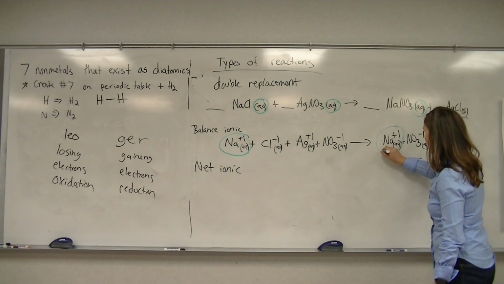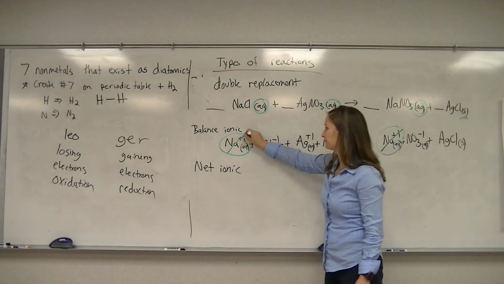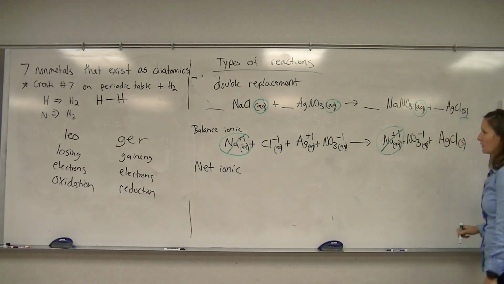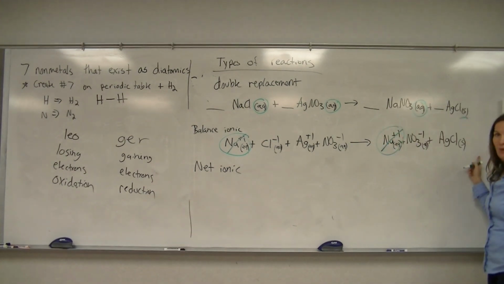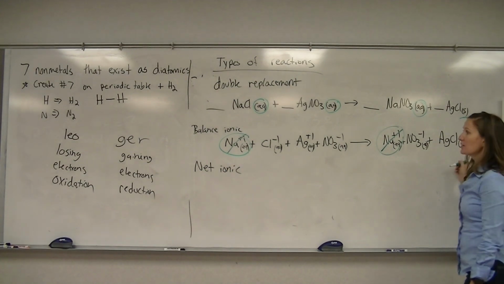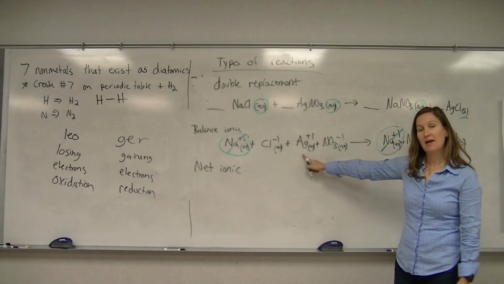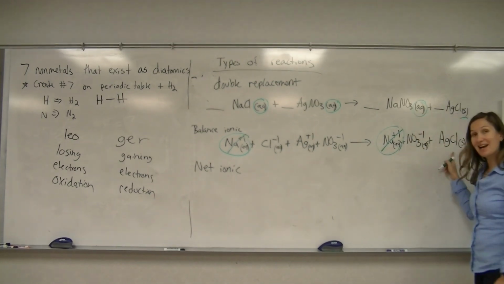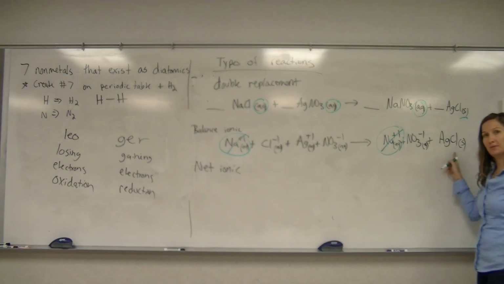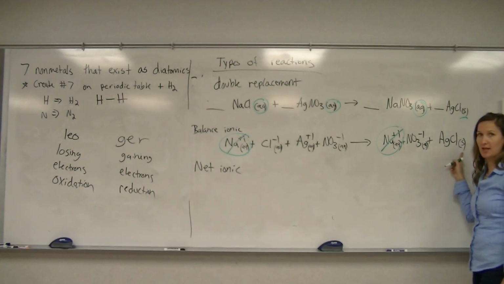Since it's the same on both sides, I cancel them. Okay, chlorine, -1. I don't have a chlorine ion on the product side, so I can't cancel it. Same goes with the silver. I have silver ion on the reactant side, a +1, but I don't have the ion on the product side. It's in a compound. It hasn't broken apart on the product side, so I can't cancel it.